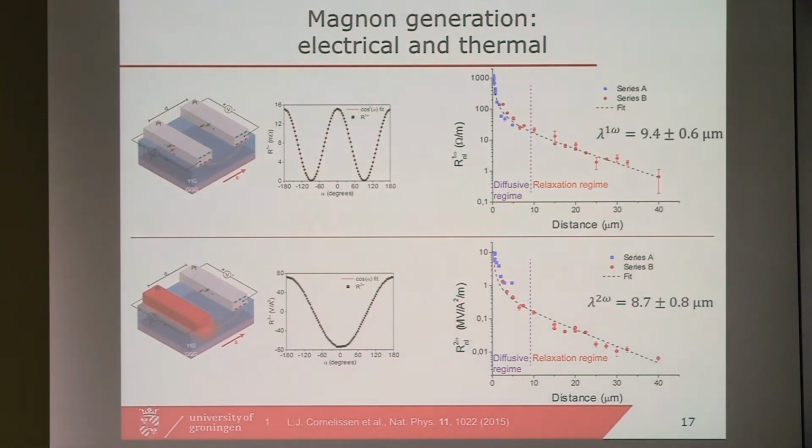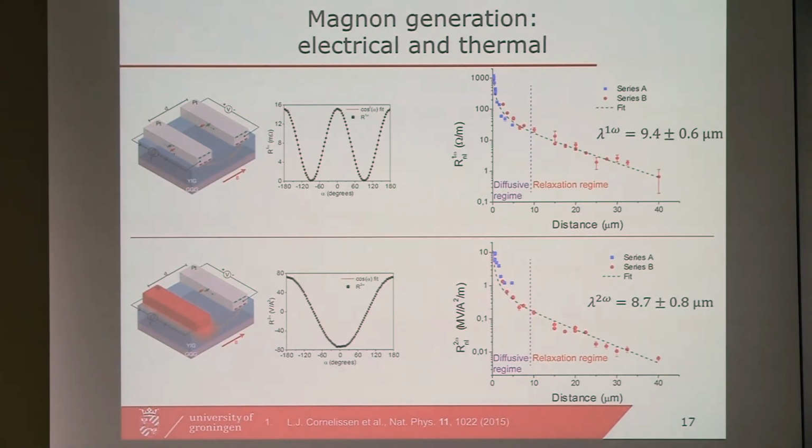So this is what we call the magnon spin diffusion length, and you can extract it either from the electrically generated signal or from the thermally generated signal, and they turn out to be, within our experimental accuracy, I would say the same, and they are around 9 micron.